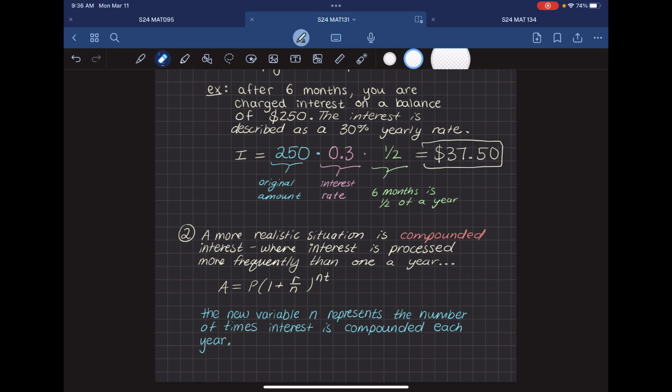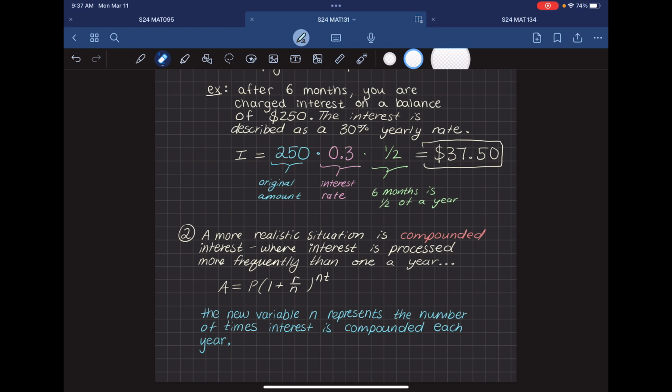It would be 1/12 of the interest rate. And so you're accruing interest, and the next time interest is compounded, you're also earning or being charged interest on the interest that was already applied, okay?